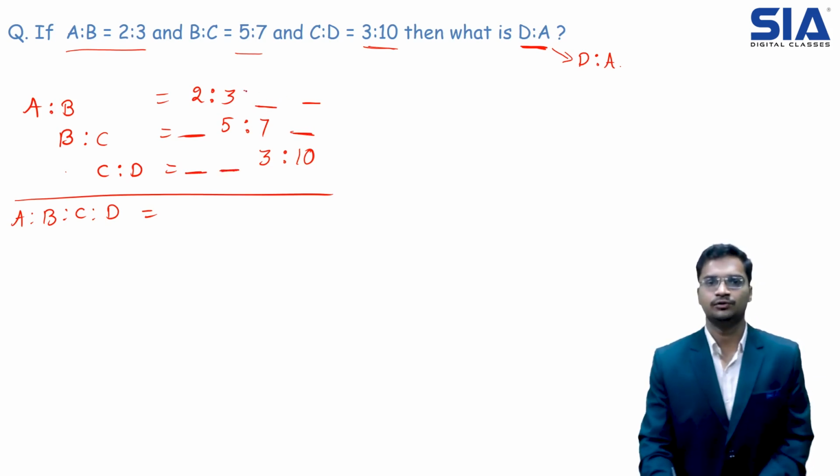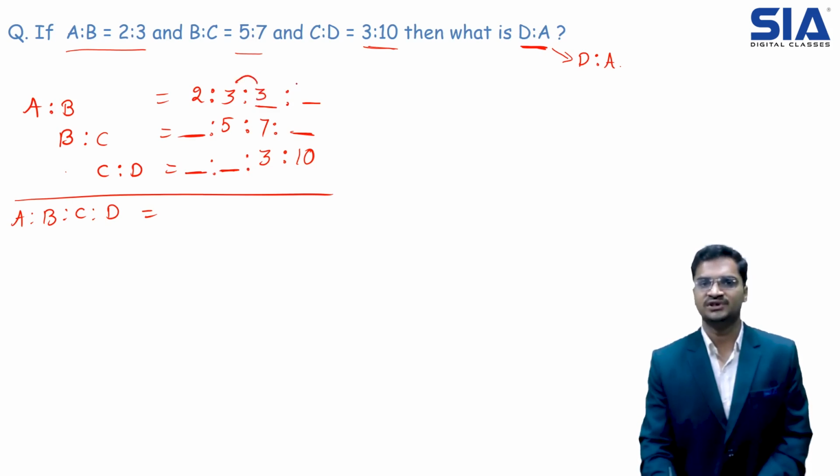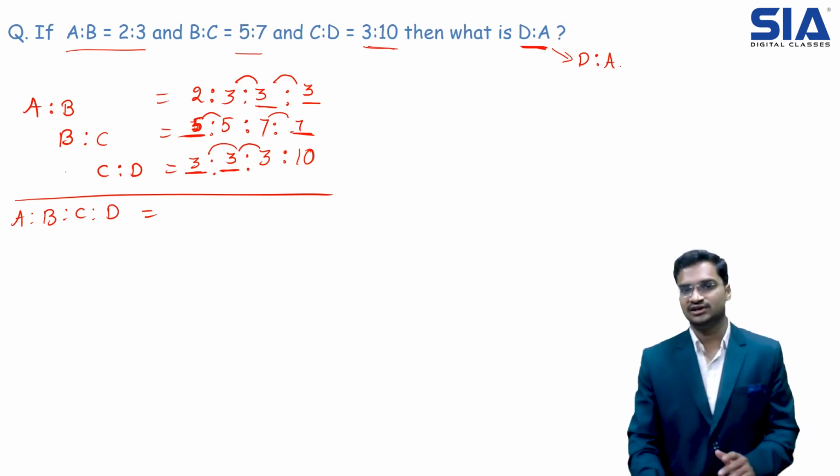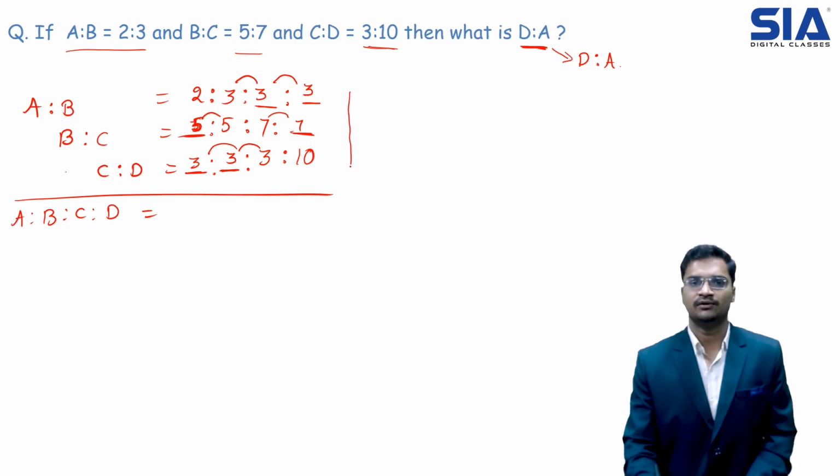Now I have to simply fill the blanks with the values beside them. Beside this blank I have value 3, beside this blank I have value 3, and beside this blank I have value 5. This one is 7, this one is 3 and 3. So I have completed filling the blanks. Now I simply multiply them from top to bottom.